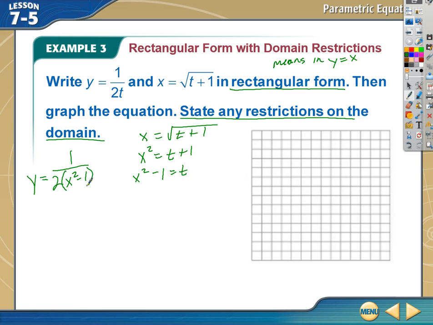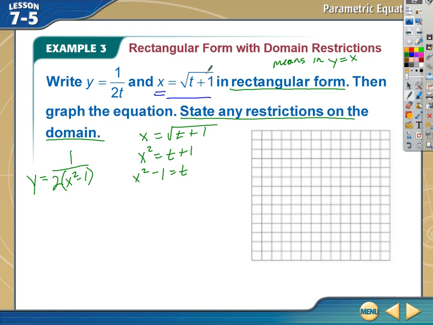The next part is taking the extra time to think about your domain. The way we think about our domain to start with is we first take a look at what the restrictions were on x in my original parametric equation. What I should notice is that if t becomes negative, like negative 2, I get a negative number in a square root, which I cannot have.